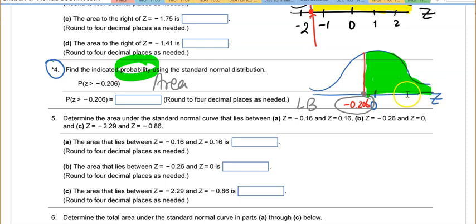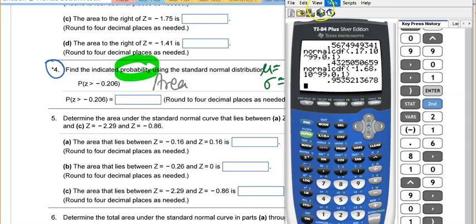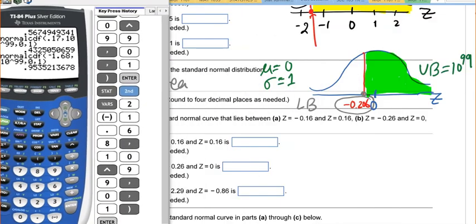The upper bound has a bigger number, but there is no such upper bound, so upper bound must be 10 to the power 99. What's the mean? The mean is 0, because this is the standard normal distribution, and sigma must be 1. Use the calculator as normal CDF again, like you did before.